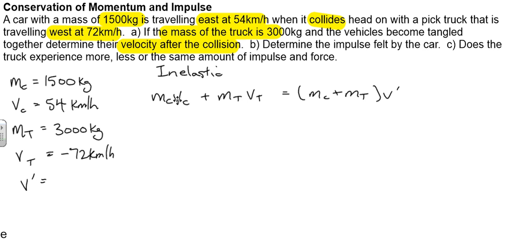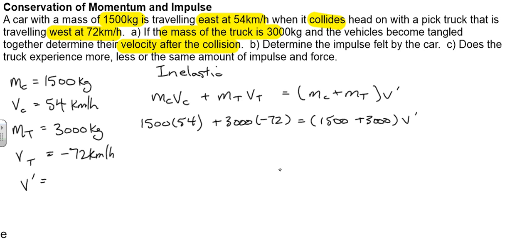Remember, the total momentum before, the two momentums, has to equal this. Fairly straightforward question. Let's put some numbers in. 1500 times 54 plus 3,000 times negative 72 equals 1500 plus 3,000 times the final velocity.